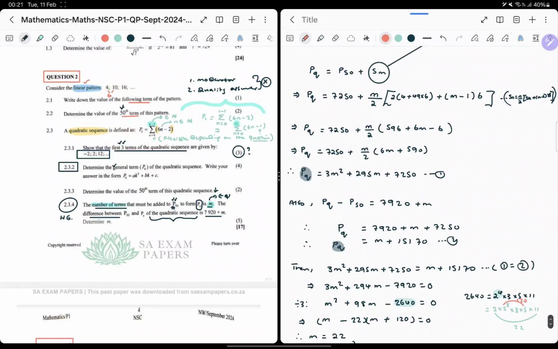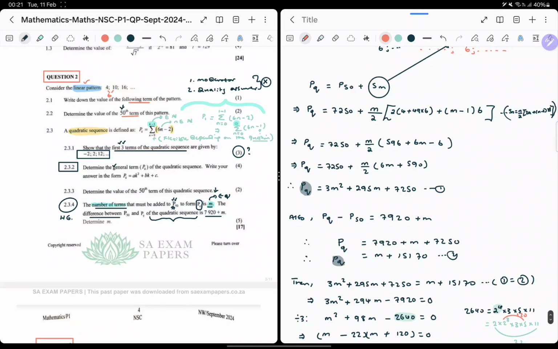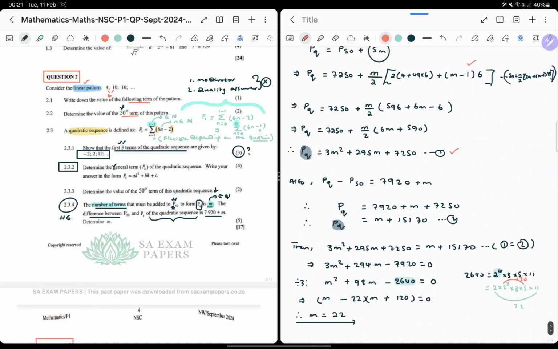So essentially, guys, in my opinion, all these substitutions is a mark, right? Getting this equation is a mark, and this equation is a mark, 3 marks. Now equating the 2, finally the 5th mark, because every other method was just a means to an end.